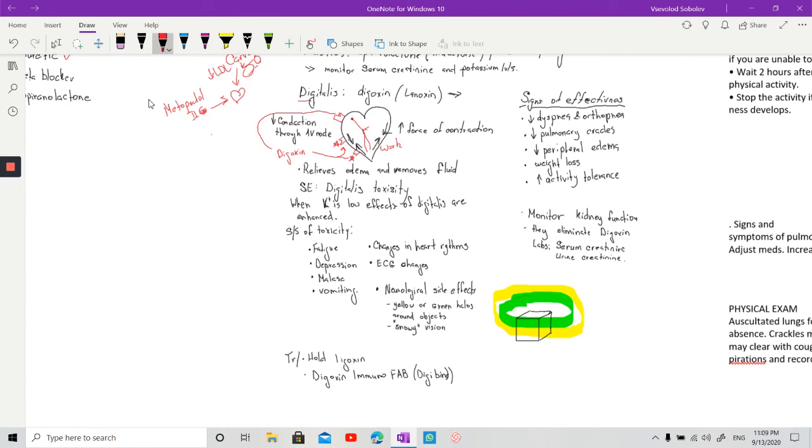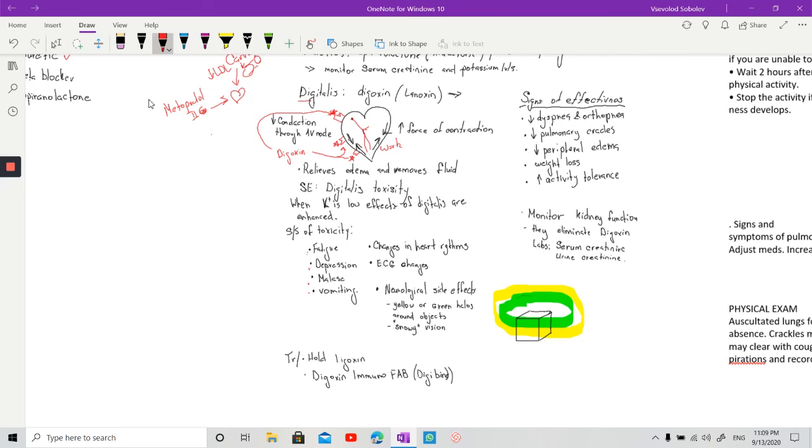So there's too much effect of the drug on the heart, and too much effect produces toxicity. So a person will experience fatigue, depression, malaise, vomiting. There's too much of the drug.